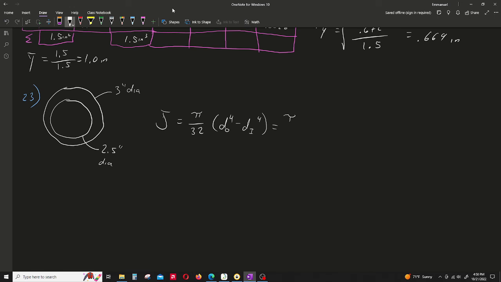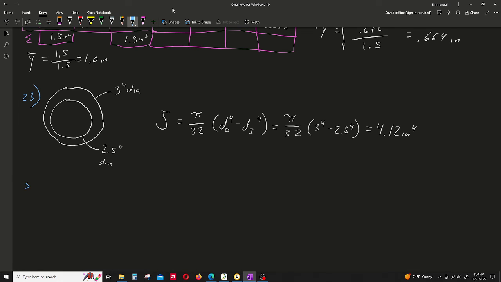So that equals pi over 32 times 3 to the 4th minus 2.5 to the 4th equals 4.12 inches to the 4th power. And that's it. Really quick problem there.